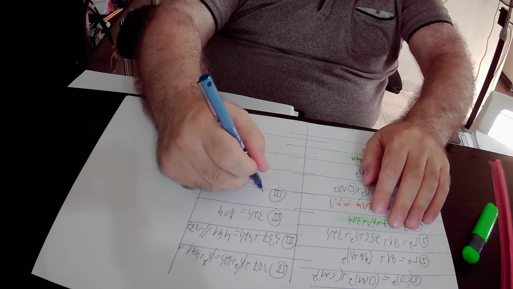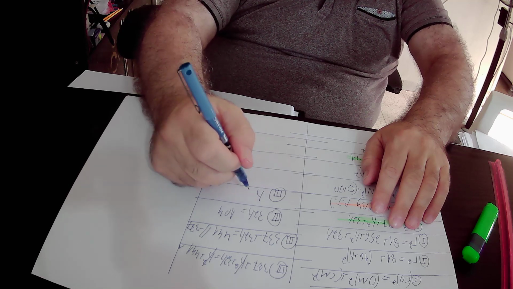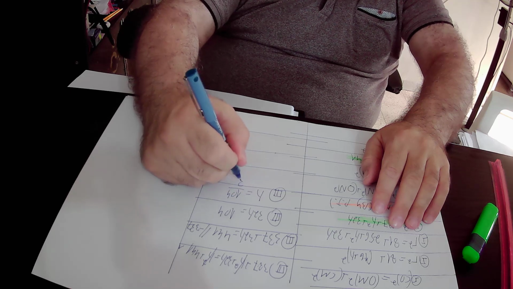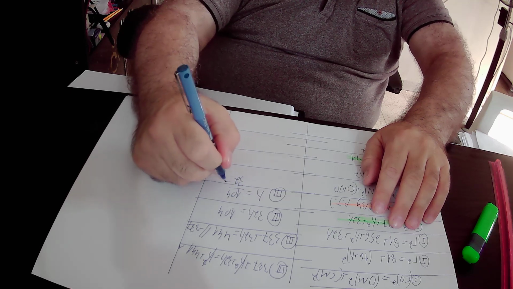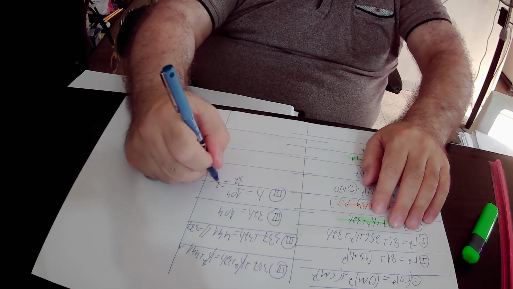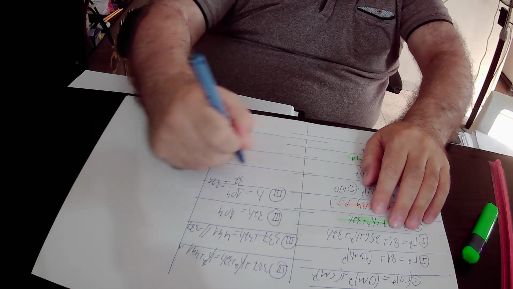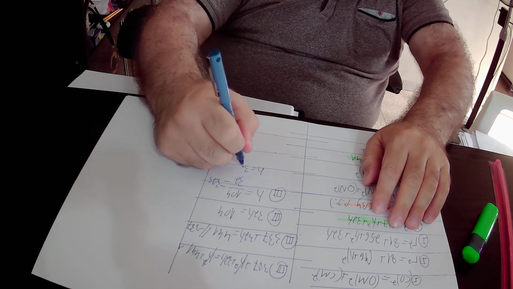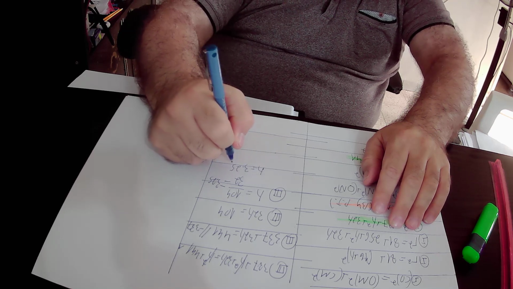Here we divide equation number 3 by 32, and we get that h equals 104 over 32, which is 3.25 units. So in conclusion, we found out that h equals 3.25 units.